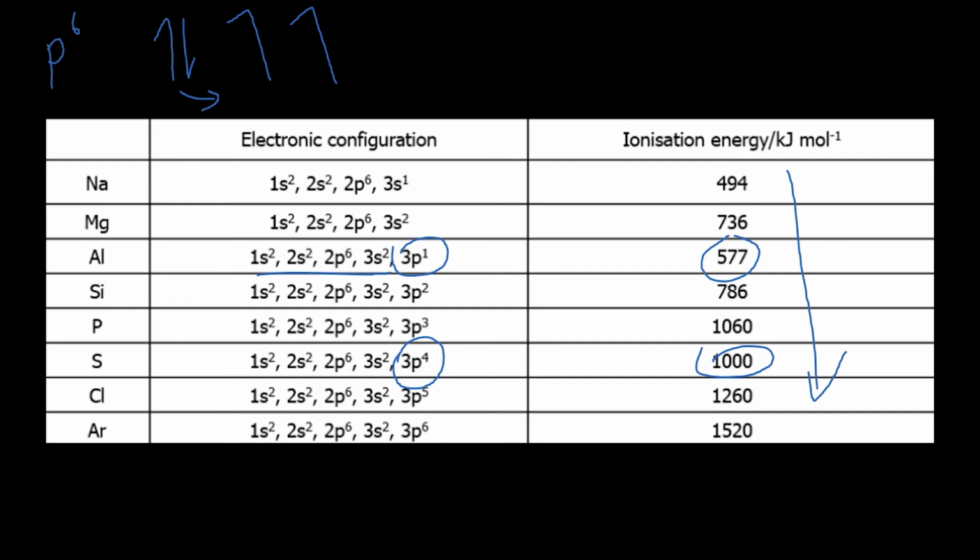So it wants this to go away because it wants to stay on the half full sublevel. Now, that results in less energy being required to remove the electron. So hence why 1060 kilojoules dropped to 1000 because of the mutual repulsion.